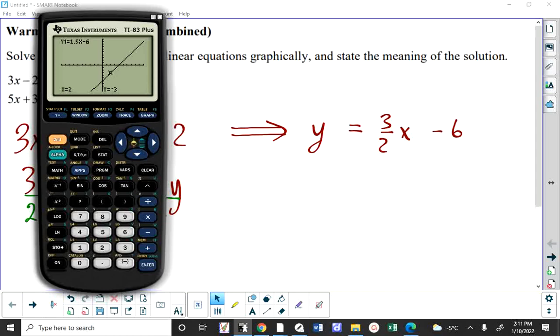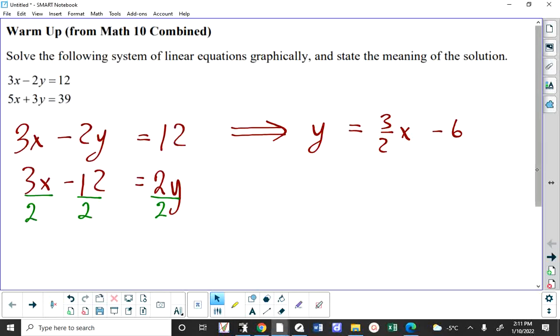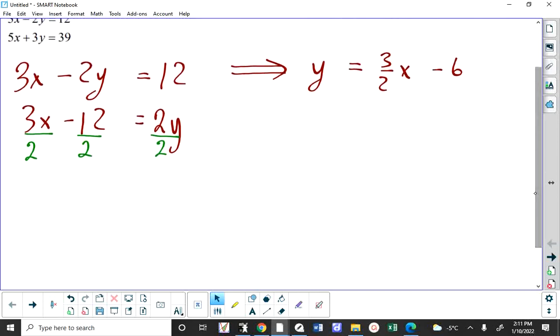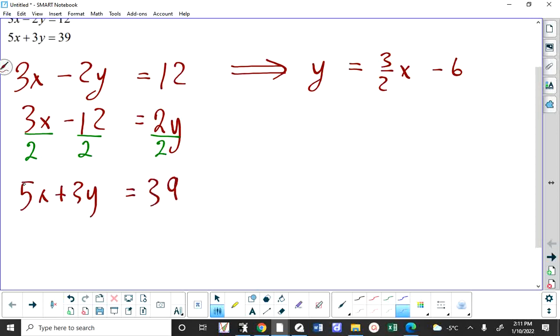Okay. Let's do the second equation, which is 5x plus 3y equals 39. Let's write this as y equals. And you know what? I suspect many of you could just write y equals right now and put what it's equal to. But I'm going to show a couple of steps.